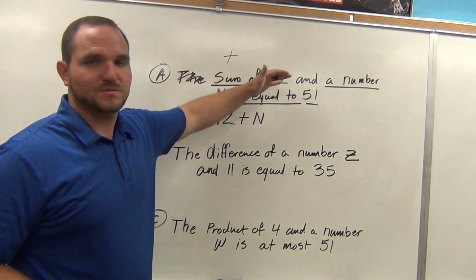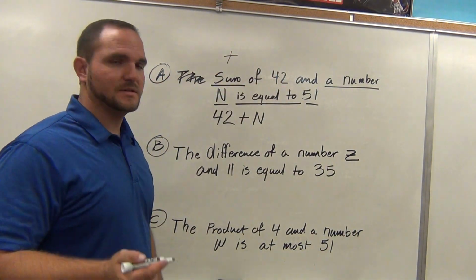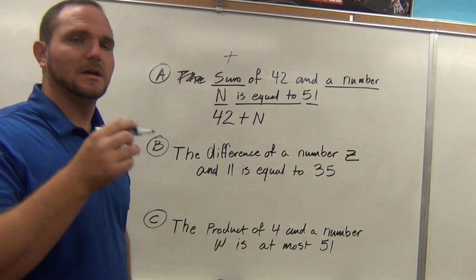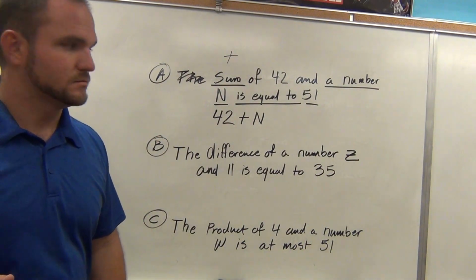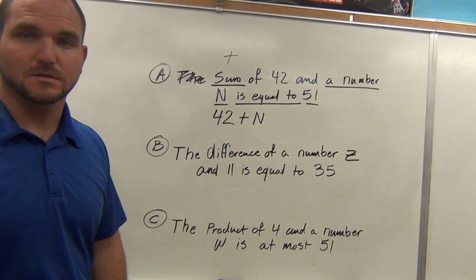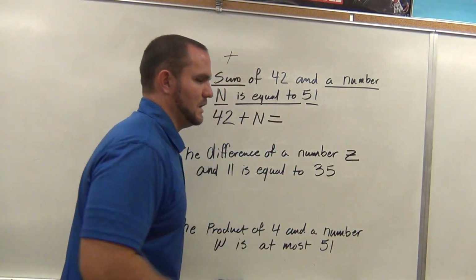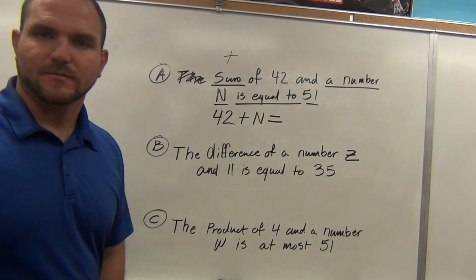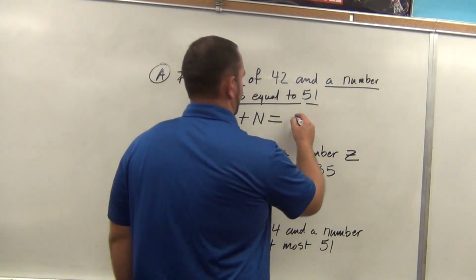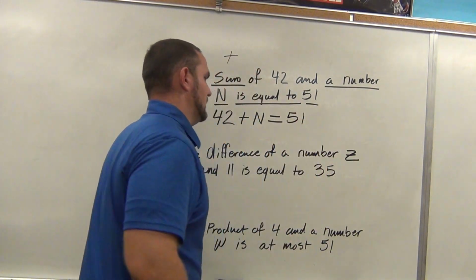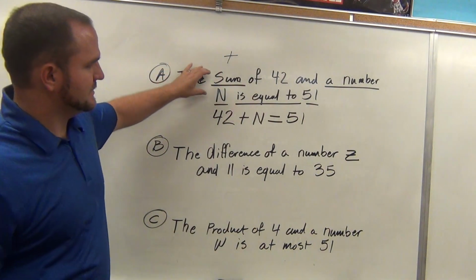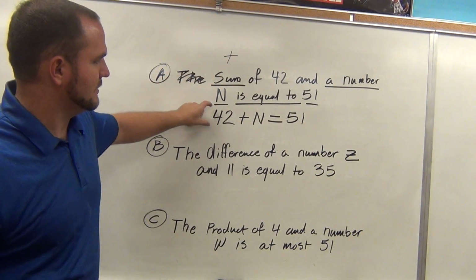So we've gotten that first part of your problem, and now it says, is equal to. Okay, well, is equal to is an equal sign. Okay, and then our last bit for this one is 51.